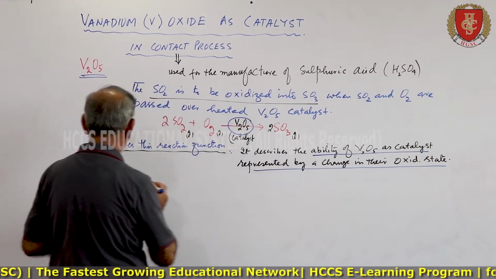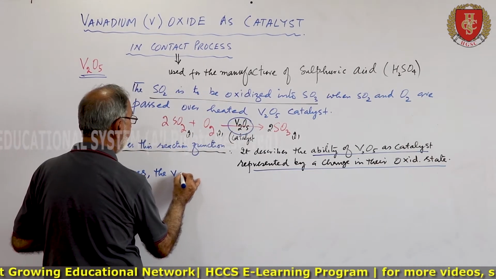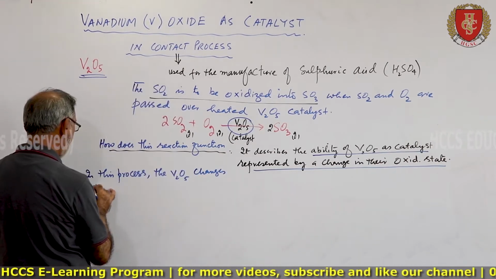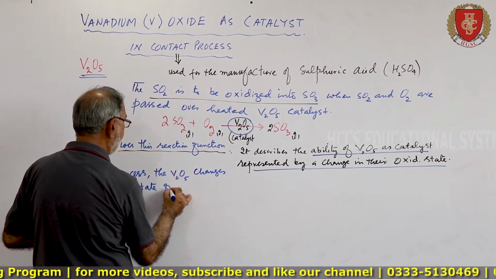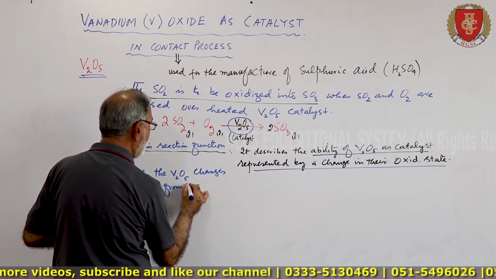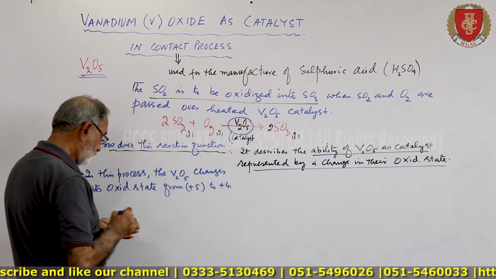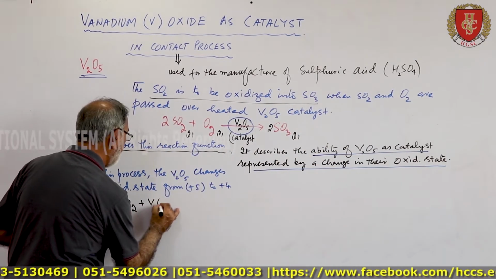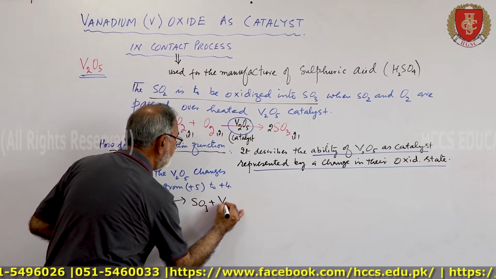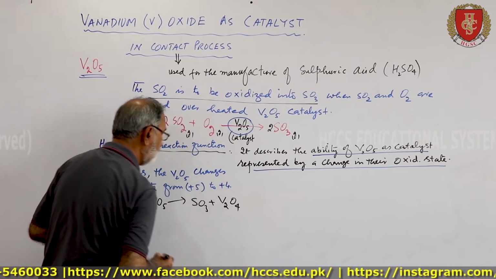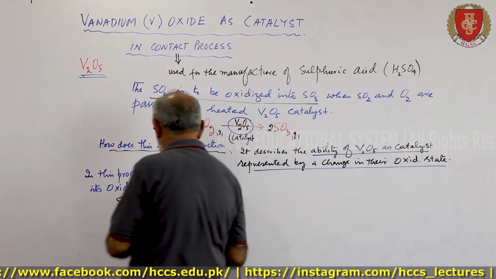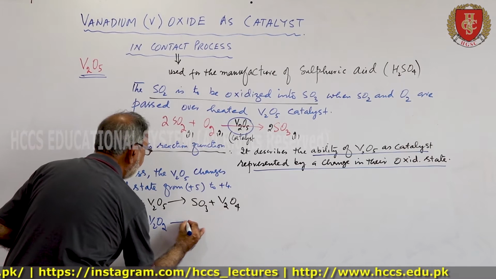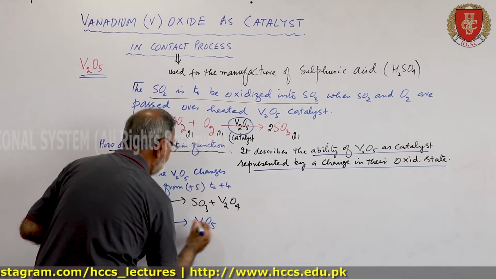In this process, the vanadium pentoxide changes its oxidation state from +5 to +4. That is SO2 plus V2O5 gives SO3 plus V2O4, and V2O4 gets oxidized by oxygen into V2O5.